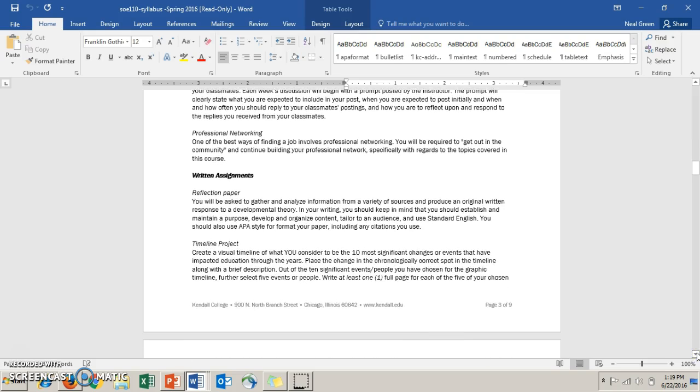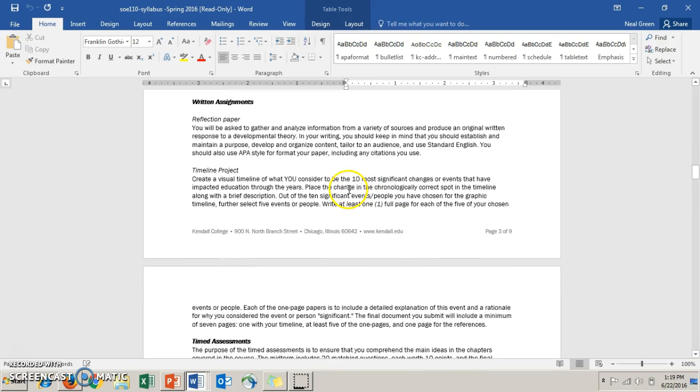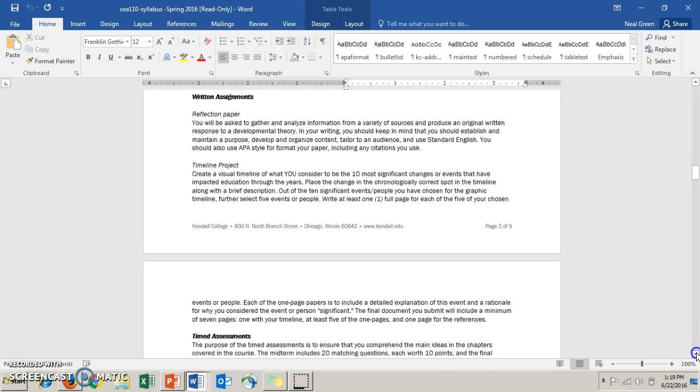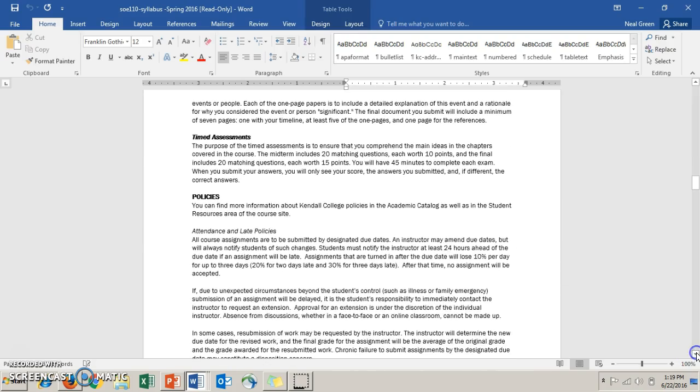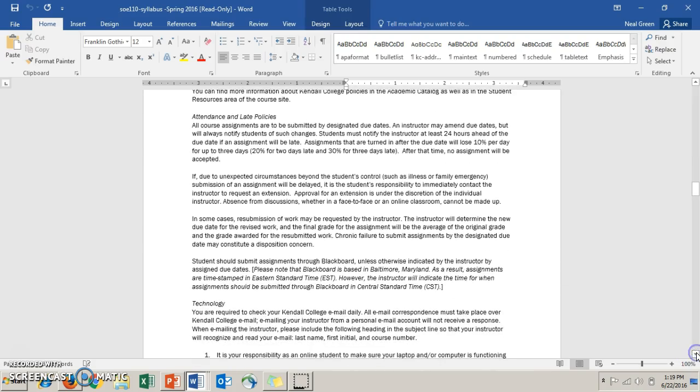Then there are written assignments and a timeline project, which we can talk about in more detail at another time. It gives you an overview of everything that you're going to have to do, and there's a review of the attendance policy and the late policy.